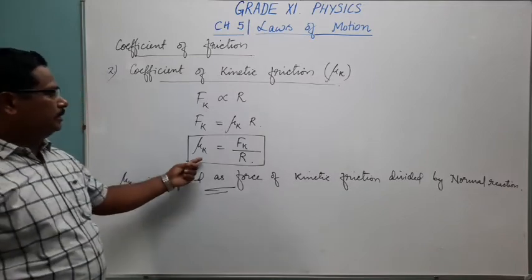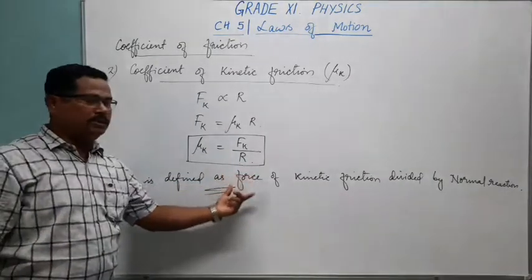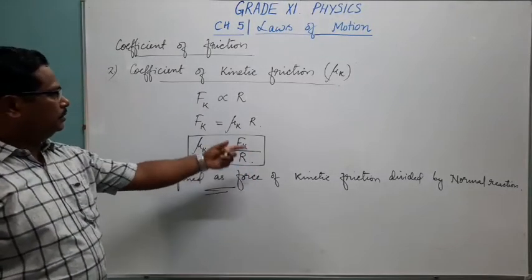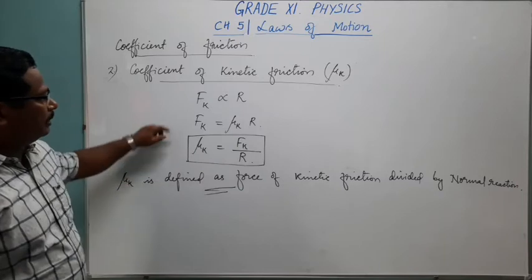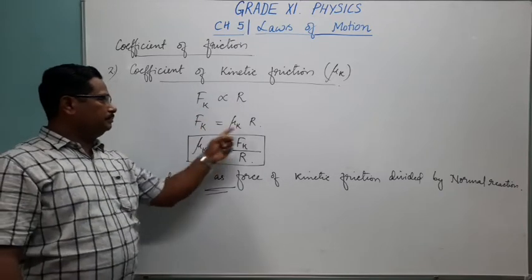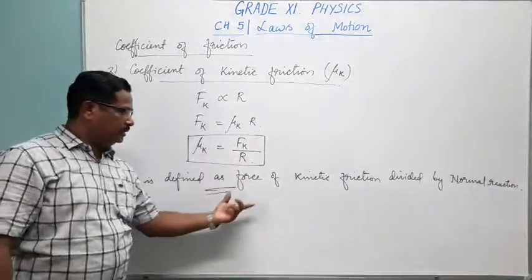So you will get mu k is equal to Fk divided by R. Here also it does not have any unit because it is a ratio term. Both are forces, so Newton will get cancelled. I am writing fully in scalar form because these are all vector quantities. If you put arrowheads, you can put them at your desire.